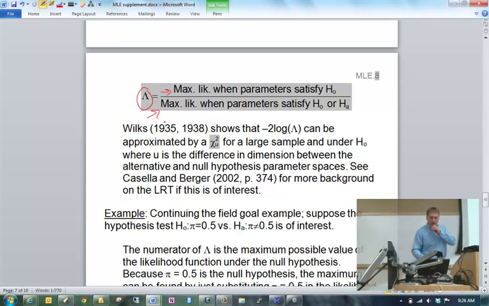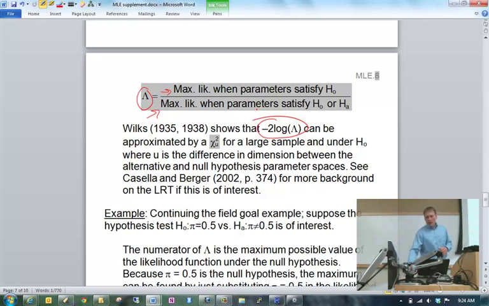Now, a long time ago, it was shown that if I take a little mathematical transformation on lambda, and if H0 was true, then the distribution of -2 log lambda is approximately a chi-squared distribution, as long as you have a large sample size.